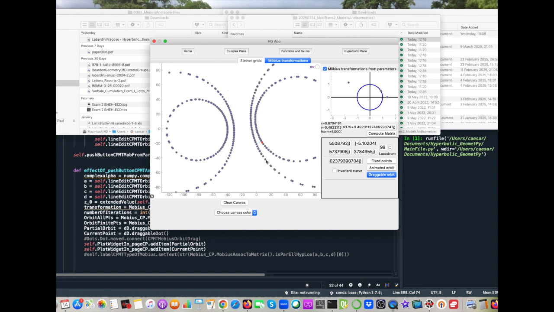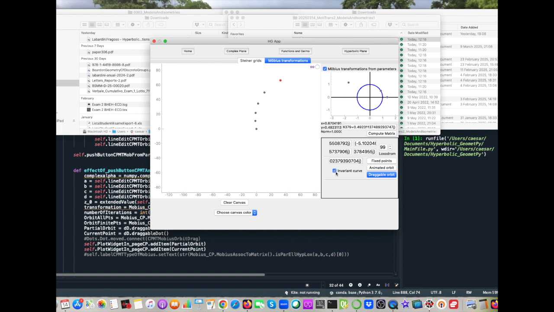Okay, it's because when it enters the loop, it clears the canvas. So here you can see. I'm not saying that the curve is the orbit. I'm just saying the orbit lies on the curve. So the curve is a union of orbits. That's what I'm saying.